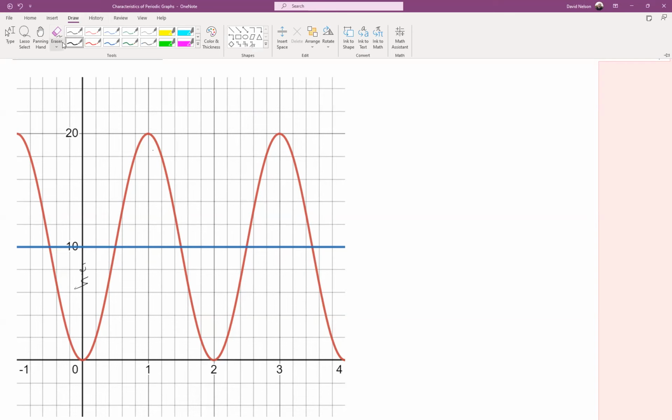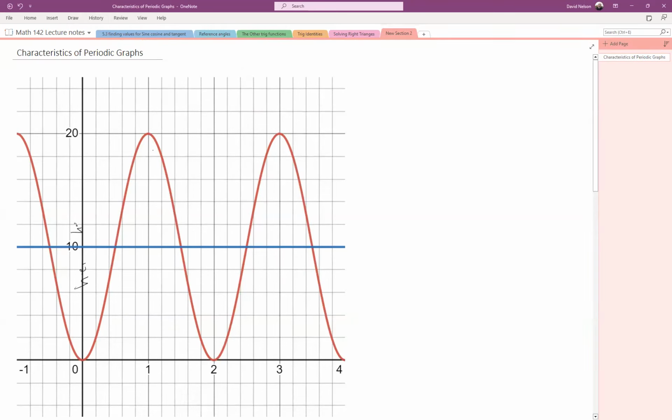It's pretty thick. Let's try that. Okay, so the y-axis here is the height above the ground, like you're riding around on some sort of amusement ride. And then across the bottom, we've got time going across.